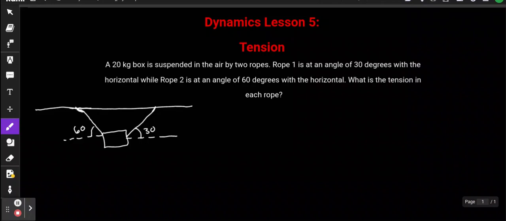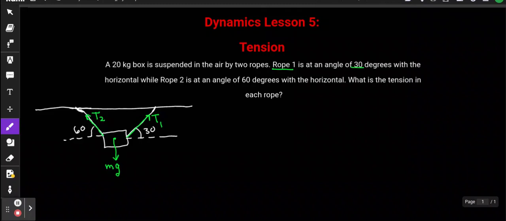So we know that there's a force of gravity acting downwards upon it. There is a tension force in this rope, which I'm going to call tension 1, because rope 1 is at the 30-degree angle. And rope 2, I'm going to call tension 2. So in this free body diagram, we have forces acting in both the x direction and the y direction.